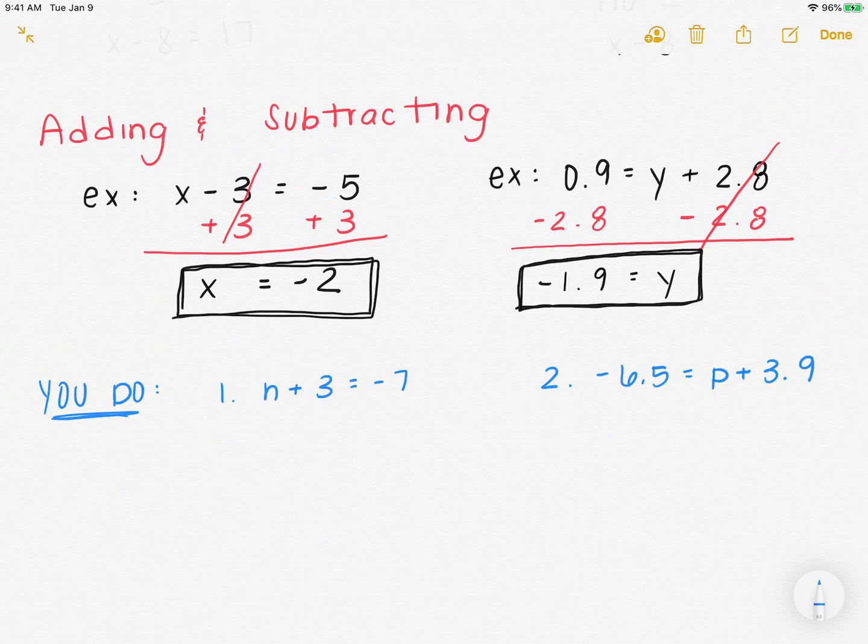You're going to always pick the one that's next to the variable, and you want to subtract this. Man, you guys are crushing.